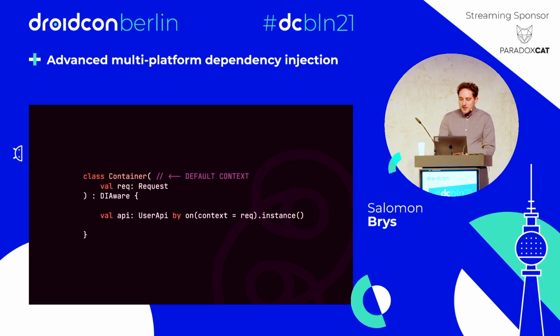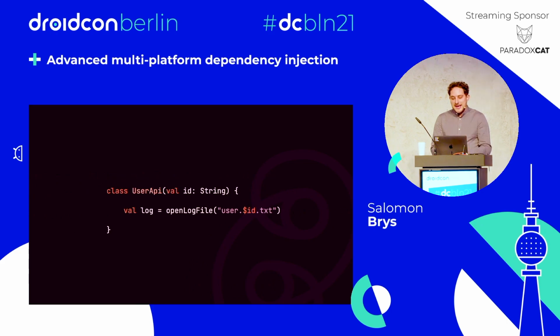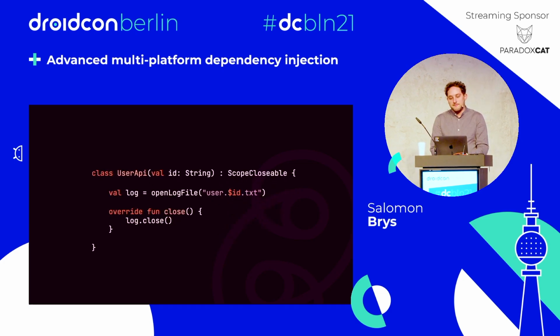Now, let's see our user API class. It gets an ID as a string, which is the context ID, the session ID, and it opens a log file to log every call that is made to this user API. This is pretty useful, but now we just created a resource leak, because the log file is opened and never closed. So how do we close it? We can use scope closable.